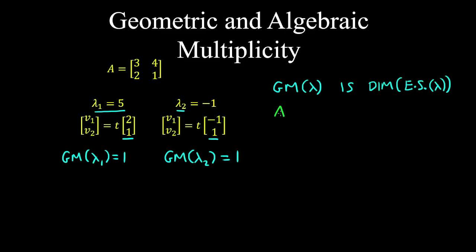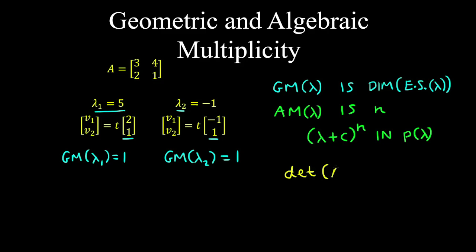Now the algebraic multiplicity of an eigenvalue is the number of times it appears as a factor in the characteristic polynomial. So for example, remember that we obtained the characteristic polynomial of A by taking the determinant of A minus lambda I and setting that equal to 0.